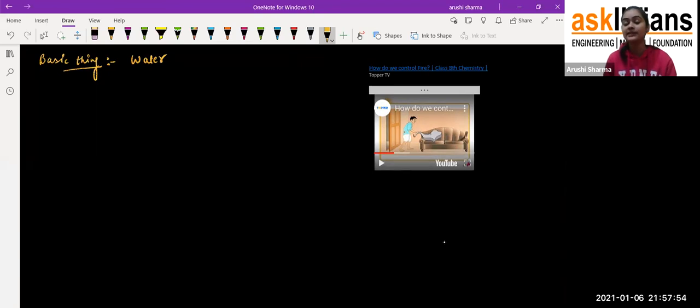But in this video you can see that there is a sofa and it caught fire. So what we can do is put a cloth over it, but the cloth should not be cotton or something like that. It should be made of heavy material, because cotton clothes catch fire easily.